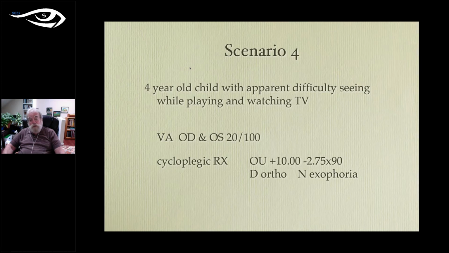Now, if I cut the plus by too much, if I only gave 5 diopters, now there may be a rationale for this child to begin trying to utilize their accommodative system to clear up the 5 diopters of optical blur that we've left on the table. So if we give 5 and there's really 10 there, that means there's 5 left.